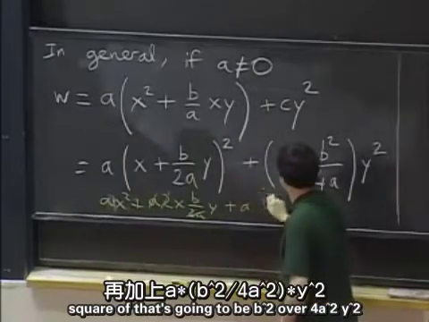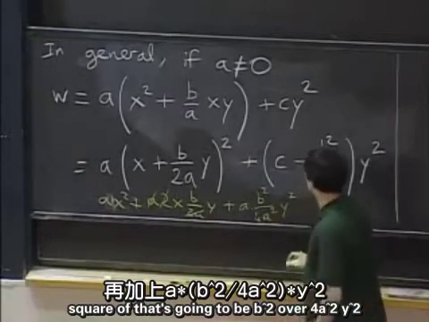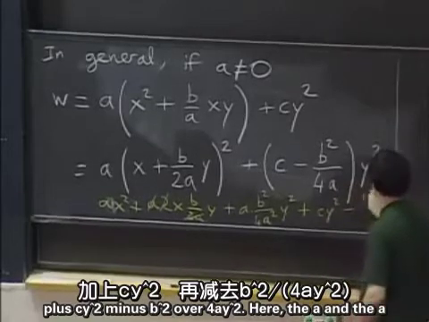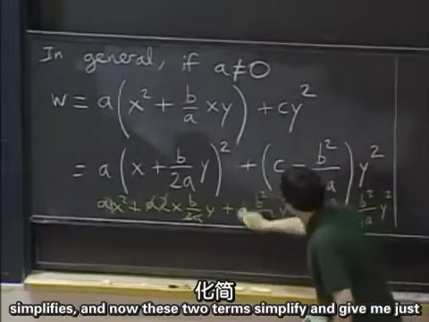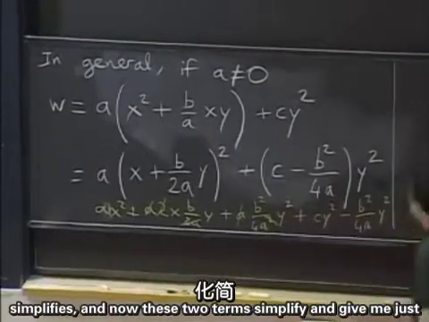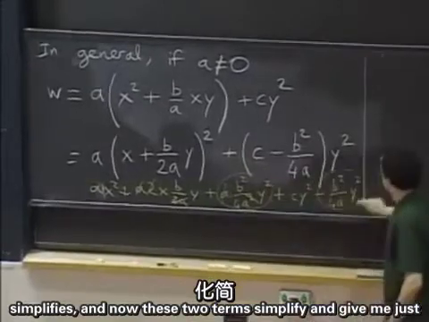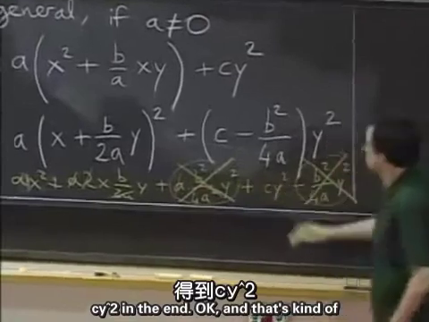So it's going to be b squared over 4a squared y squared plus cy squared minus b squared over 4a y squared. Here the a and the a simplify, and now these two terms simplify and give me just cy squared in the end.